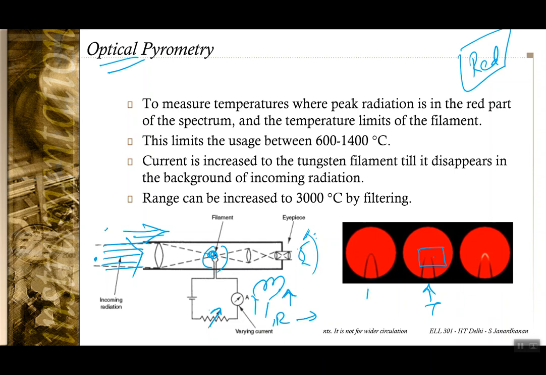Okay. In this case, you have the filament being cooler. Okay. Here you have the filament being hotter. Okay. When the filament just disappears in the background, we can say that the temperature can be measured. And now, since the filament temperature is a function of the resistance, the current reading can be indicative of what the temperature is.